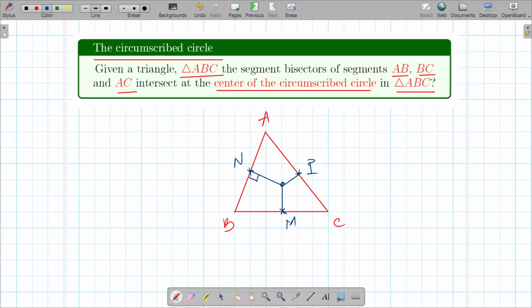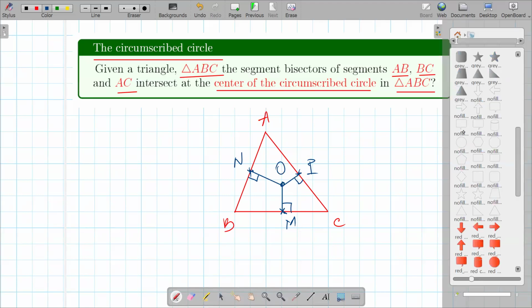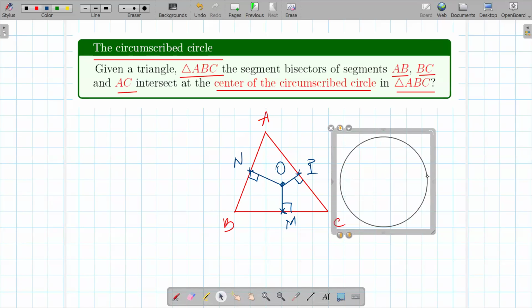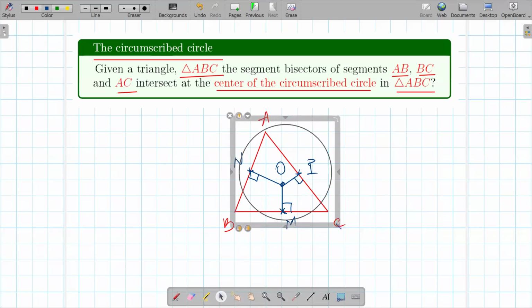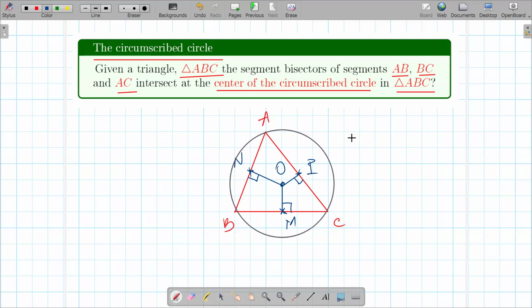These are perpendiculars right here. The three intersect at this point O, and this point O is very important because it is the center of the circle going through points A, B, and C, and this circle is the circumscribed circle of triangle ABC. Again, the center of it is at the intersection of the three segment bisectors of segments AB, AC, and BC.